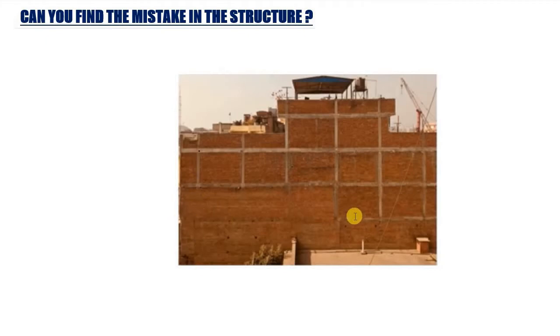There is no structural designer on planet Earth that will design such a structure, and also no client will accept such a structure. Because this is a Photoshop picture, they actually removed the column and the beam from the structure.